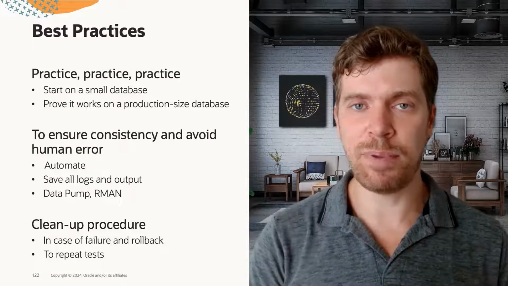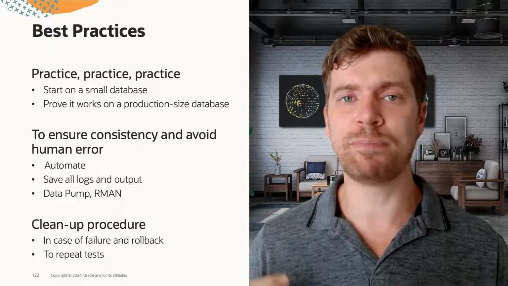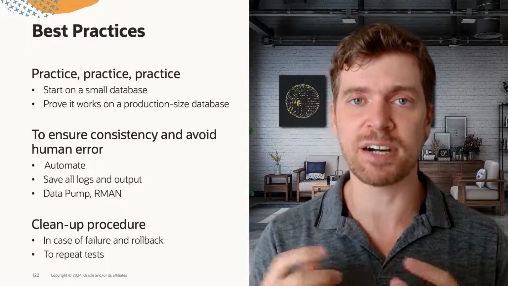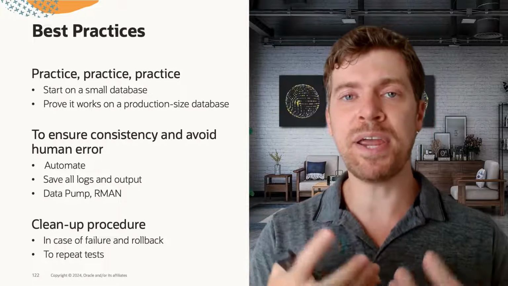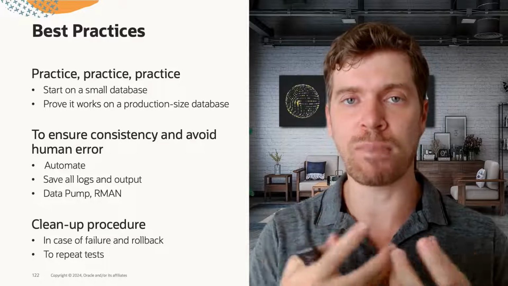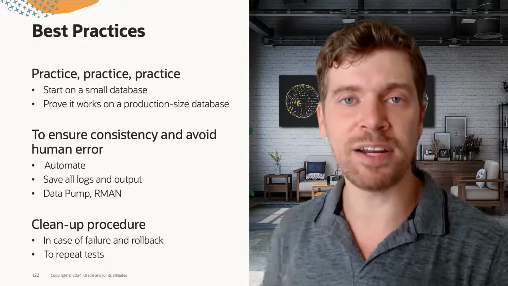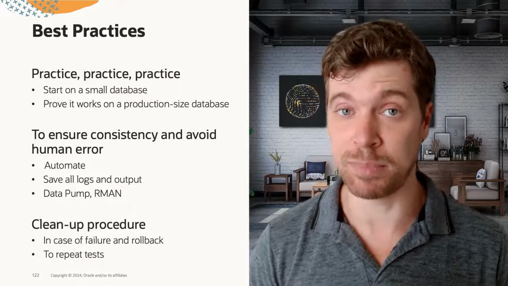All right, best practice again, always practice a lot. Start with a very small system, refine your script, your migration workflow, and then move to a medium size and finally the large production database.